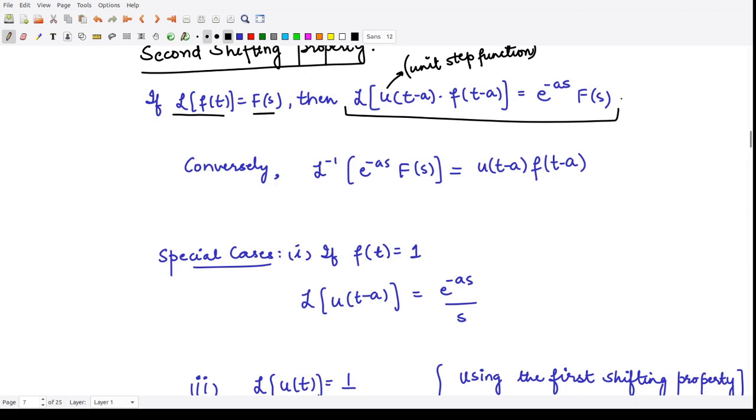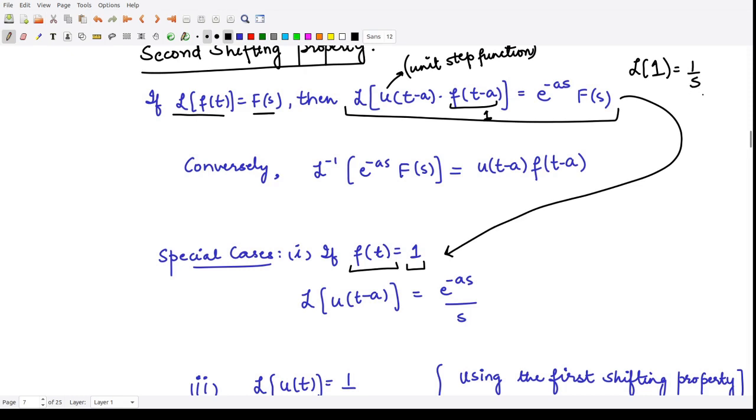So according to this property, if the function f of t is given to be equal to 1, then whatever is the Laplace transform of 1, that is equal to 1 divided by s. So here we have e to the power minus as into 1 divided by s.